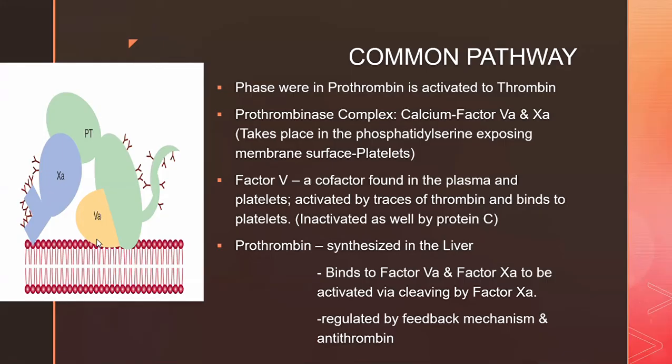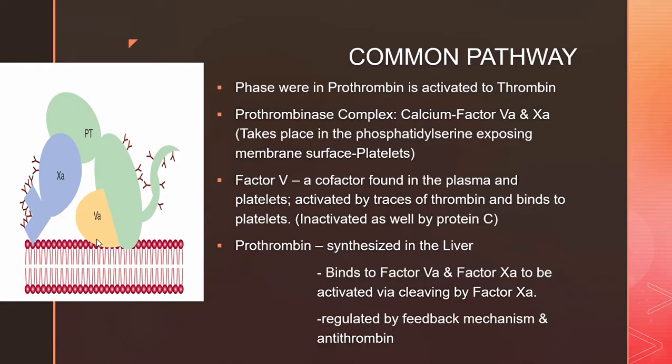So, prothrombin is synthesized in the liver, binds to factor 5A and factor 10A to be activated via cleaving by your factor 10. This mechanism is regulated by your feedback mechanism and antithrombin.